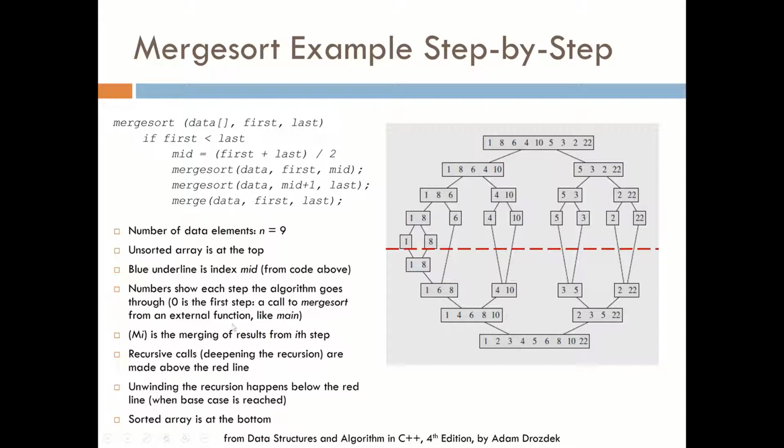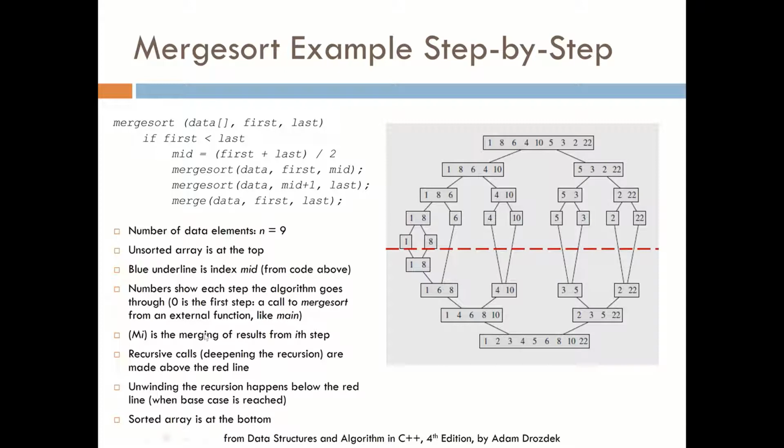You will see some numbers that will show each step that this algorithm takes. There will be a total of 24 steps, and 0 is the first step, and it signifies a call to this function on the upper left from some external entity like main or another function of some sort.